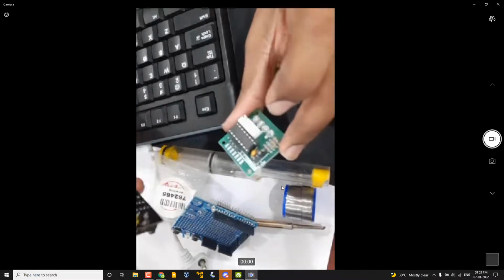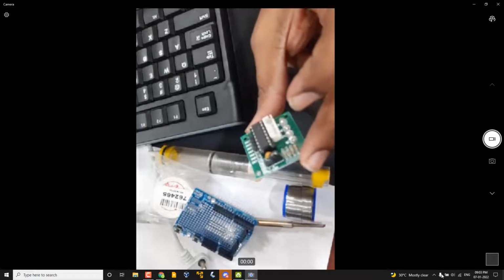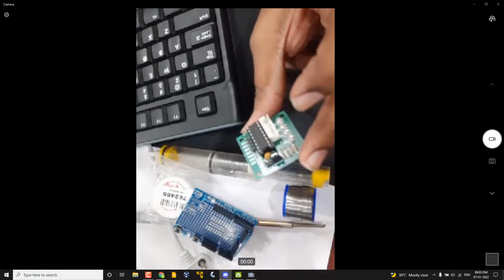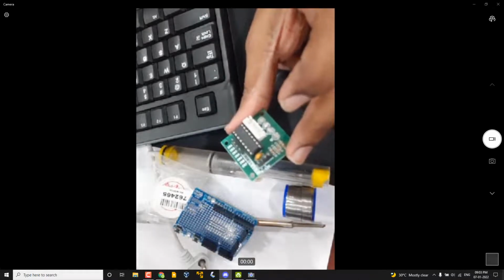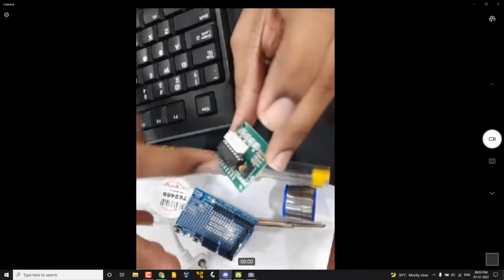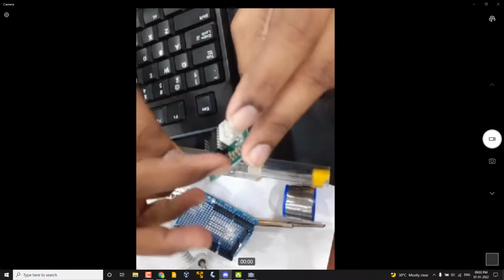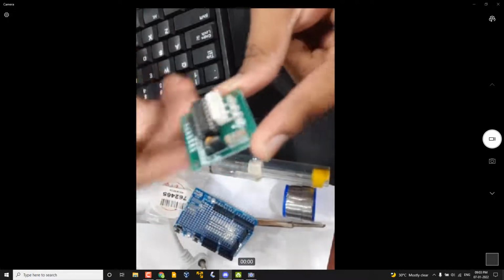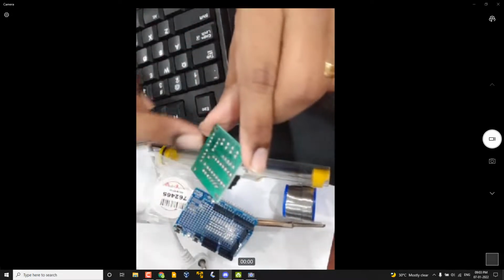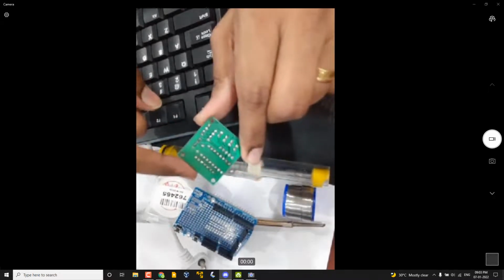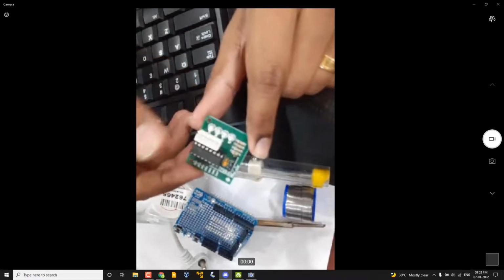If you open an electronic device, you may have seen this kind of circuit. In this circuit you can see an integrated circuit, LED, and resistors. That is the top of this board, and there are some connections on the back. This kind of board is called a PCB, printed circuit board.